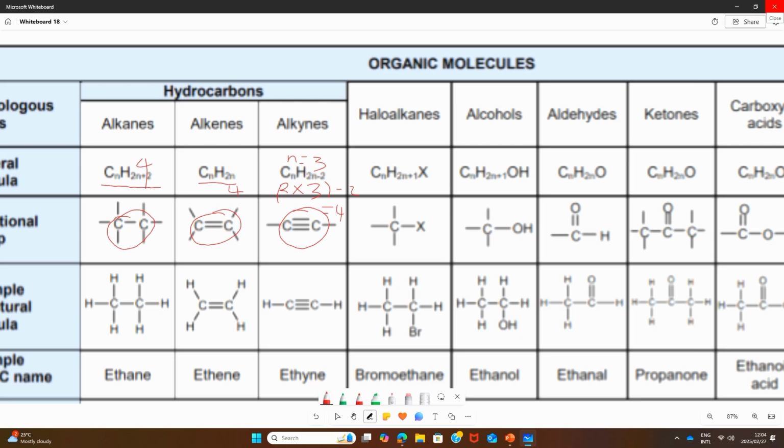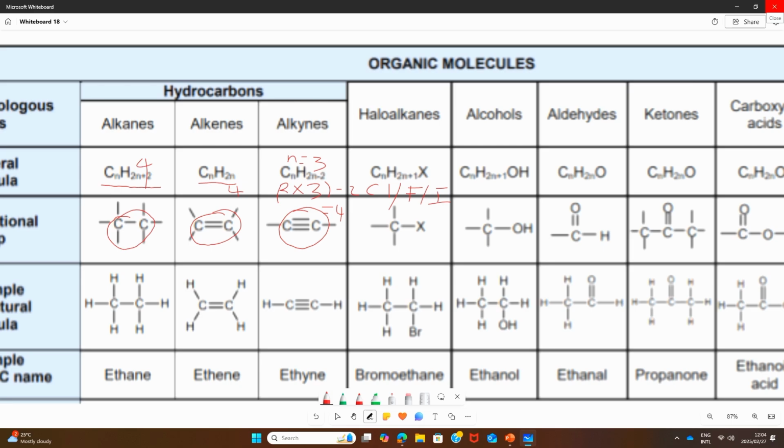And what does the X stand for here? Here our X could be chlorine, fluorine, or iodine. Those are all group 7 elements.